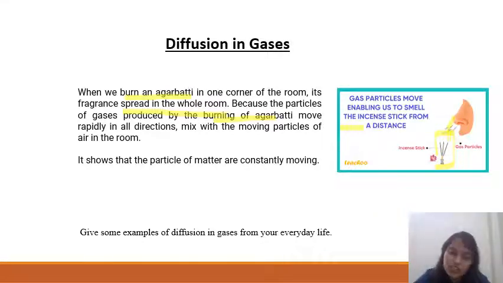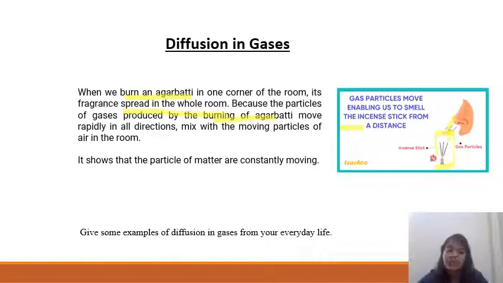Okay. So students, just tell me, give some examples of diffusion in gas in your everyday life. From where will you get this kind of examples? Or have you also observed it? Okay, for a hint I am telling you, when our mom is cooking food in the kitchen, then we can smell that food even if we are not present in the kitchen.